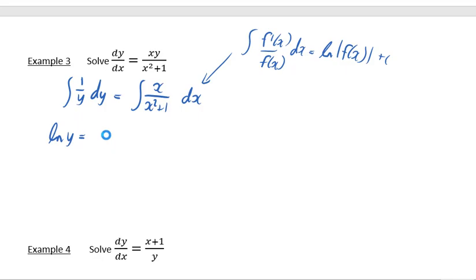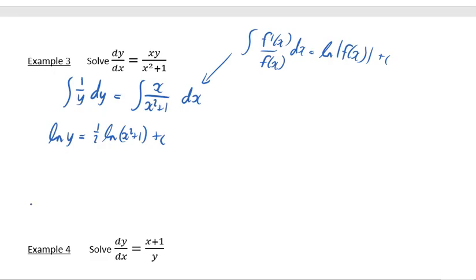So the right-hand side: if we differentiate this bottom line, I should have got 2x, so this thing is half as big as it should be. So what I really get is a half ln of x squared plus 1, and then plus c. Notice I've ignored the modulus because x squared plus 1 is always positive, so that's as good as I need to go.